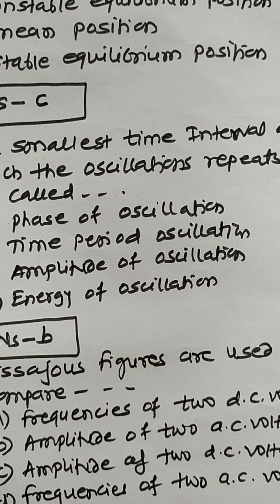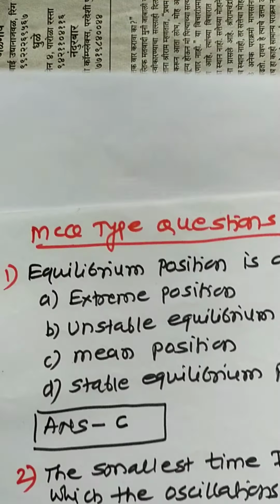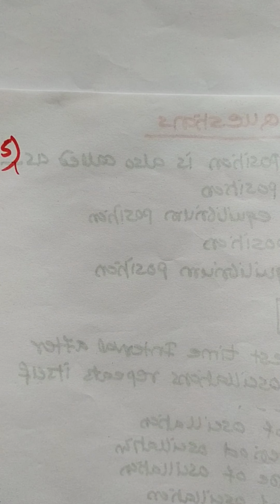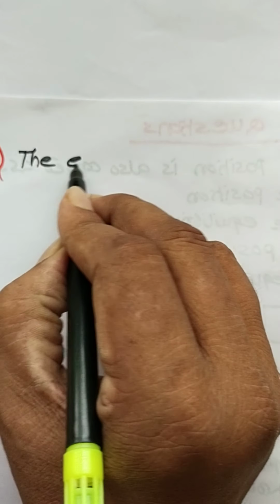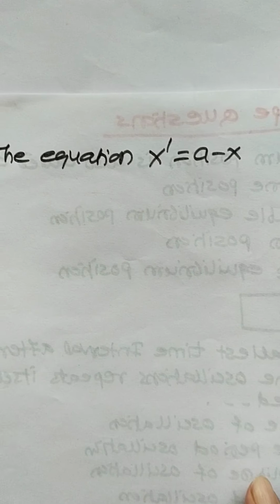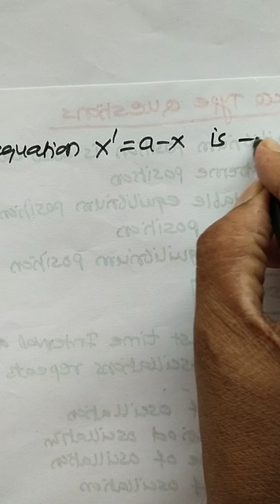Okay, then next, MCQ 5. The equation x prime is equal to a minus x is dash dash dash.